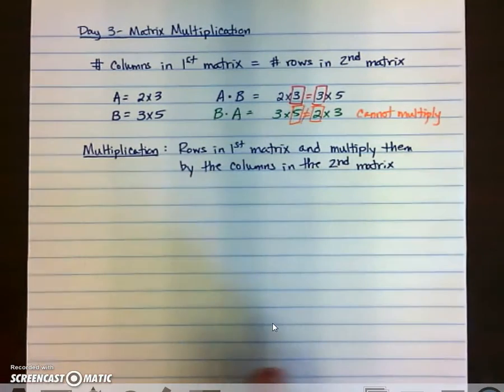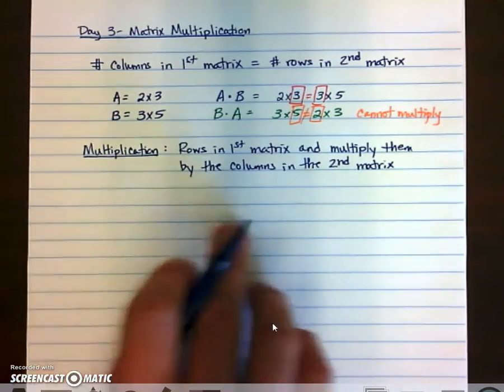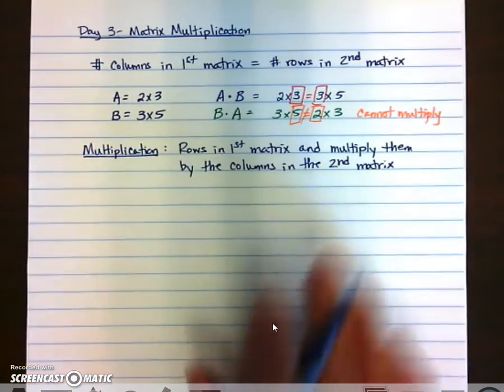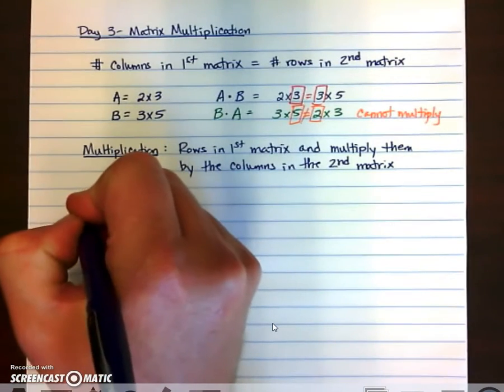I know that sounds really, really weird. You're like, what in the world? So when you do matrix multiplication, in your first matrix, you're only going to work with the rows, and in the second matrix, you're only going to work with the columns. Okay? So let's take a look at a few examples here.